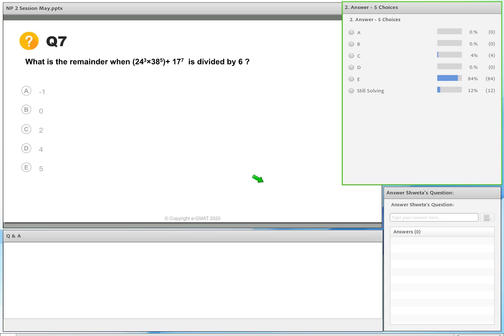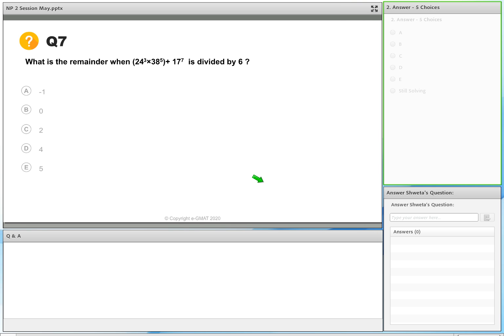So good, you have a high majority this time, high accuracy this time. Just 4% votes we got for C, no votes at all for A, B, D, and the remaining 12% stayed in still solving. So this is actually a great majority this time. Let's discuss this now. Again, you had to break this down into pieces.